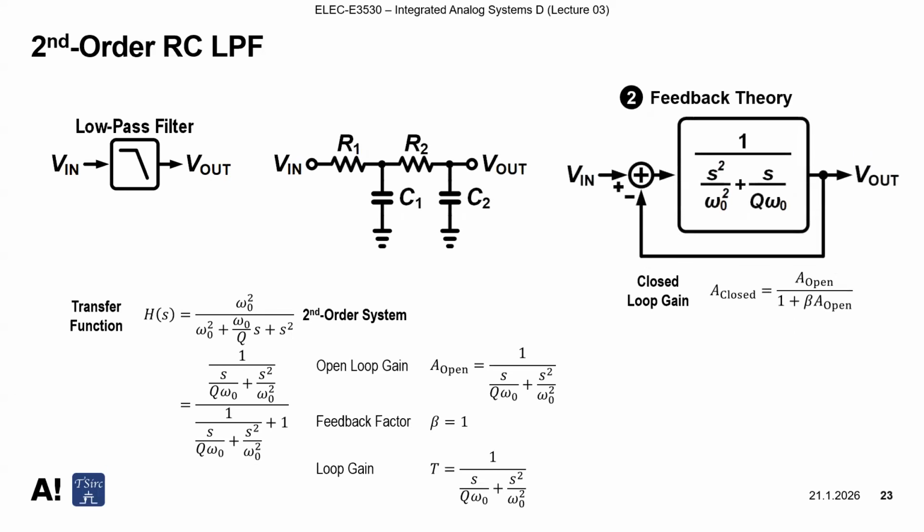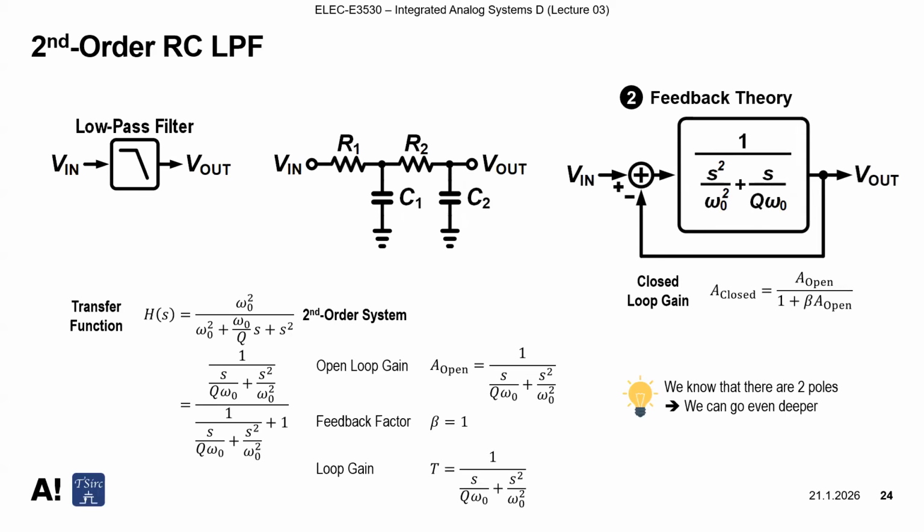Then we can build this block diagram. Now beta is equal to 1, so we can just connect it like this, a unity gain feedback formula. And the open loop gain is now 1 over (s over Q omega 0 plus s squared over omega 0 squared).